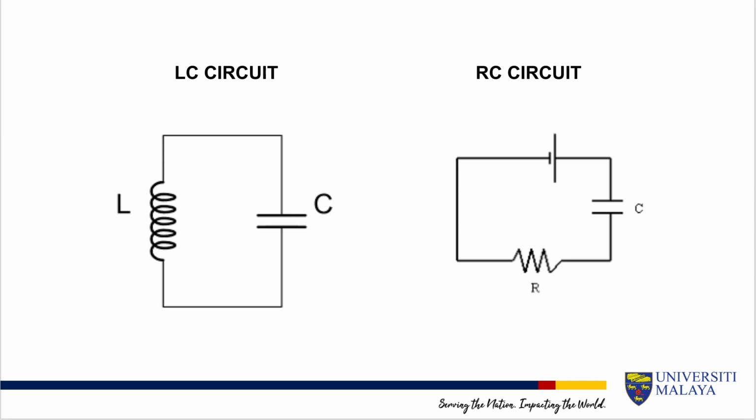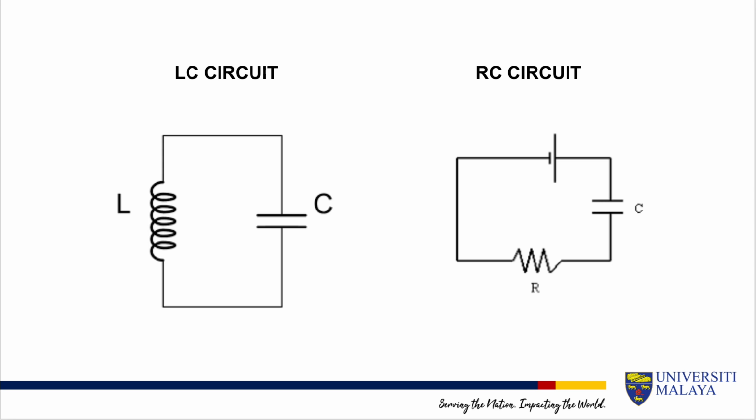Now there are two common oscillators that you will come across, LC and RC circuits. Typically for an LC circuit you have an inductor connected in parallel to a capacitor. As energy is applied to this network, the capacitor absorbs the energy and stores it in its electrostatic field, and the capacitor releases the energy into the inductor as it discharges into the circuit, and the inductor stores that energy in its expanded magnetic field.